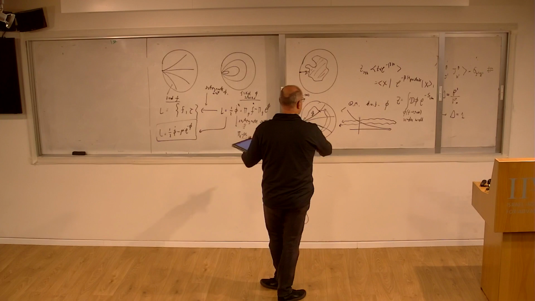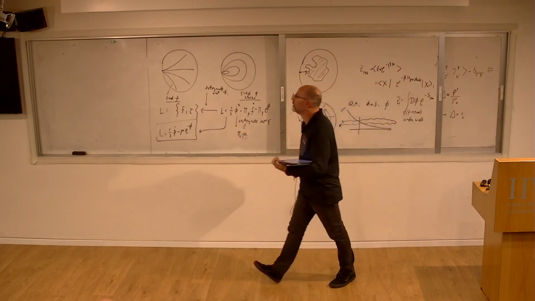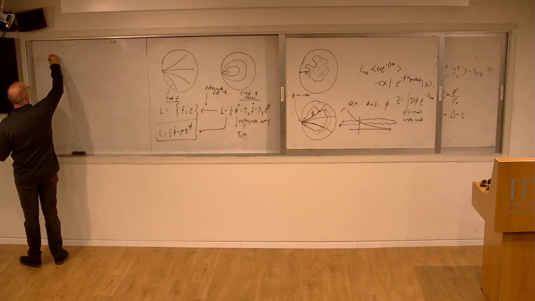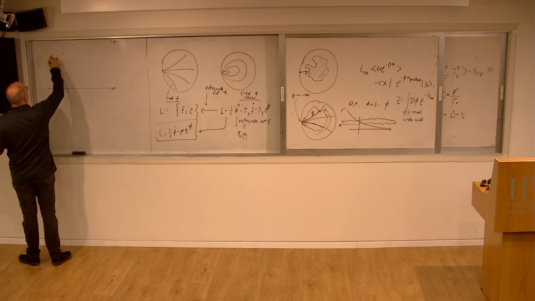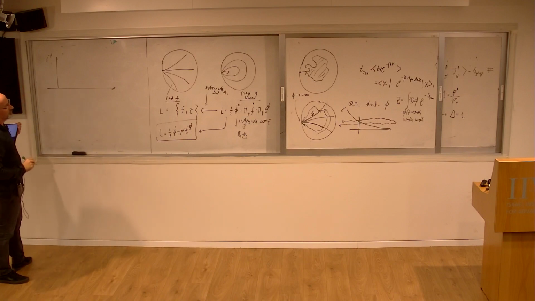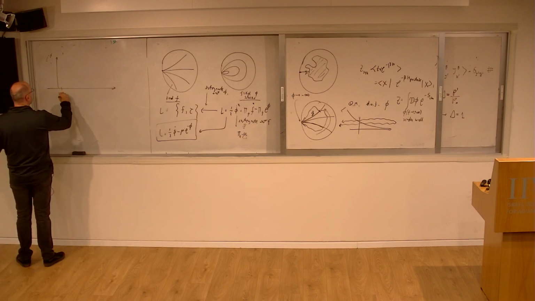But this is basically the same picture that I had before, except in the continuum, that I can think about something like phi or e to the minus phi as my coordinate, and I start under the Liouville wall.